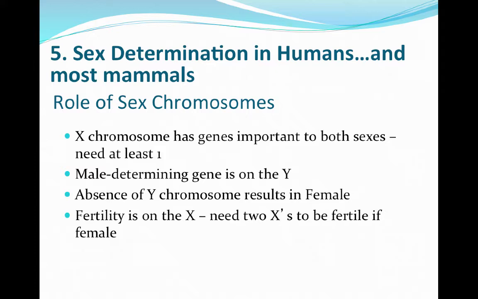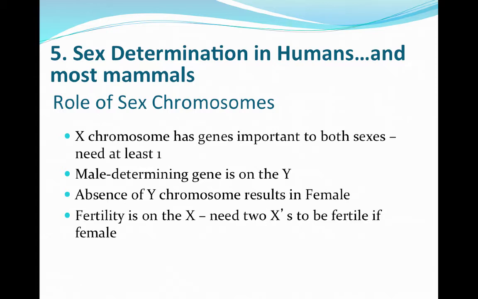So if an individual is born with one Y chromosome, then SRY protein will be produced, and that individual will develop into a male. If there isn't a Y chromosome, then that SRY protein will not be produced. Therefore, a female will develop by default.